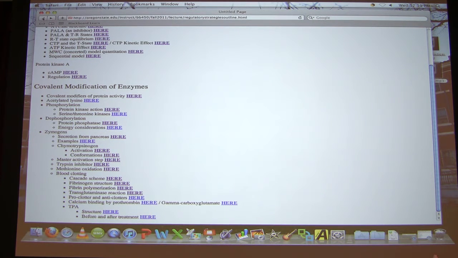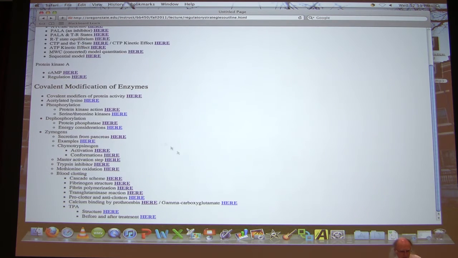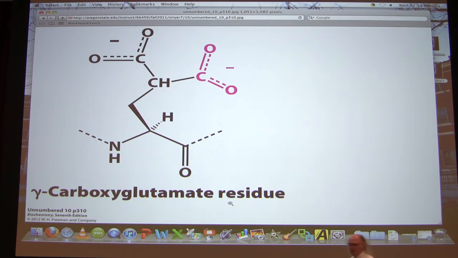Here's what I want to show you. In order for prothrombin to get gathered at the site of the wound, it has to be modified. So prothrombin gets modified by vitamin K. Vitamin K is known as the clotting vitamin.